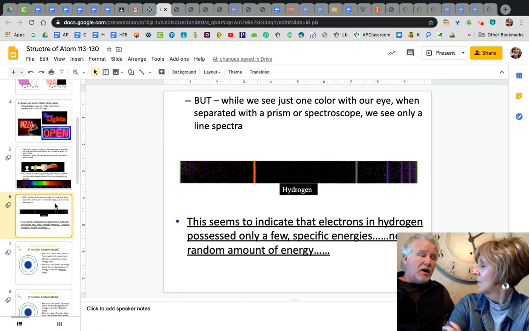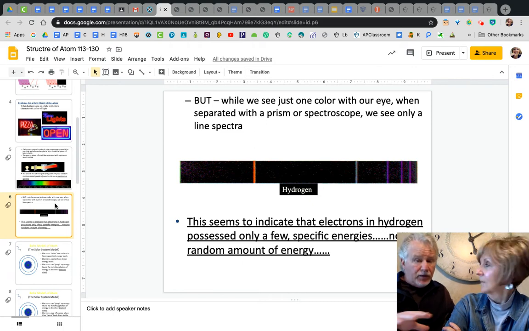Hydrogen as an atom has only certain ways in which it will excite, and that excitation results in emission. So this is the emission spectrum of hydrogen. All the black means nothing's coming through. All the lines on here are the different wavelengths of hydrogen relaxation.